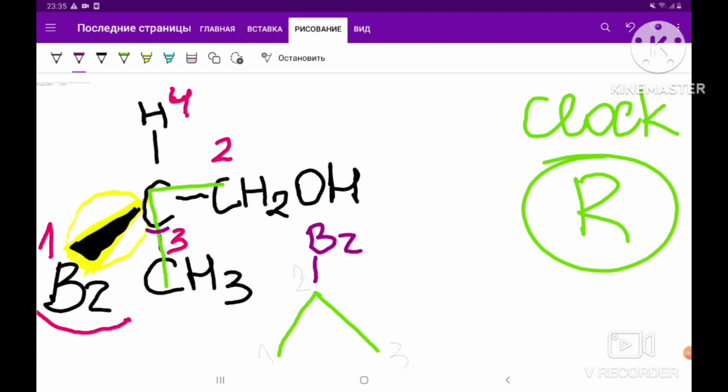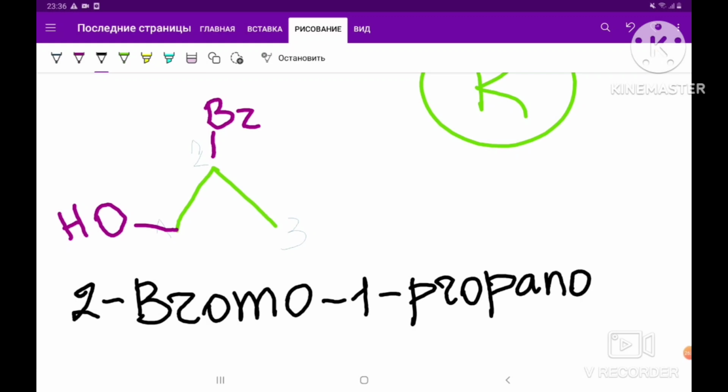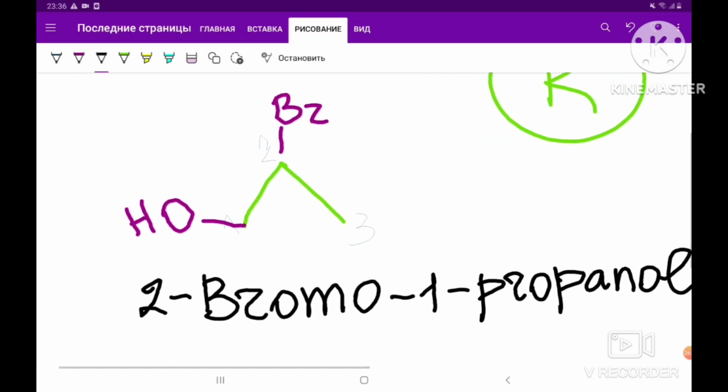We draw 1, 2, 3. We have bromine on the second carbon, and on the first carbon we have the hydroxy group. So it will be 2-bromo-1-propanol, and as we figured out, it was R configuration, so we put R at the beginning. R-2-bromo-1-propanol.